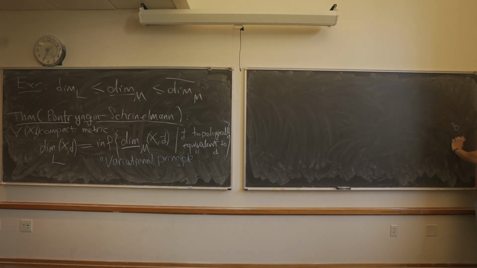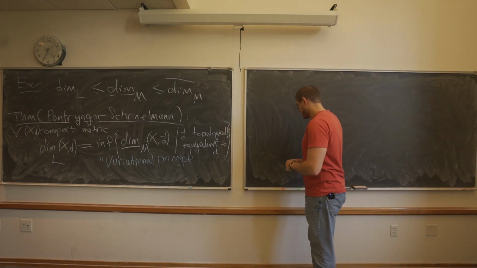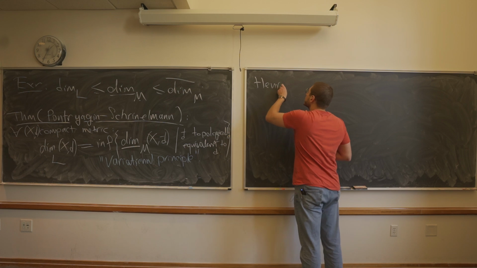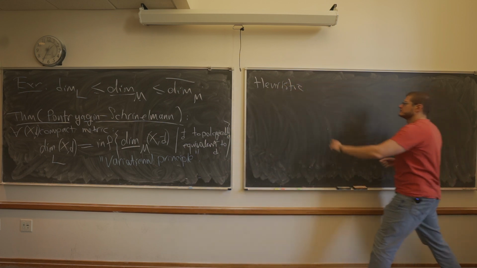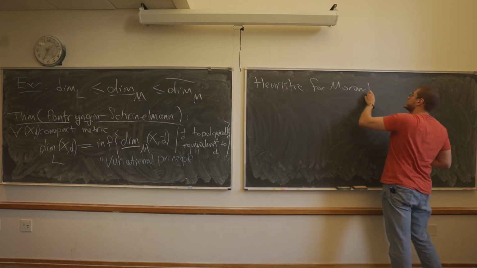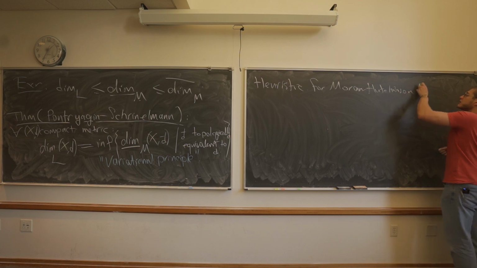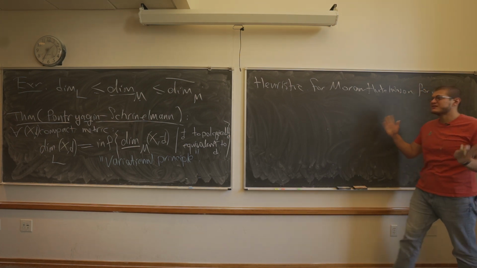Next week we're going to prove some version of this for Hausdorff dimension. But still, I think it's good. Heuristic for the Moran-Hutchinson formula, for Minkowski dimension, let's say.